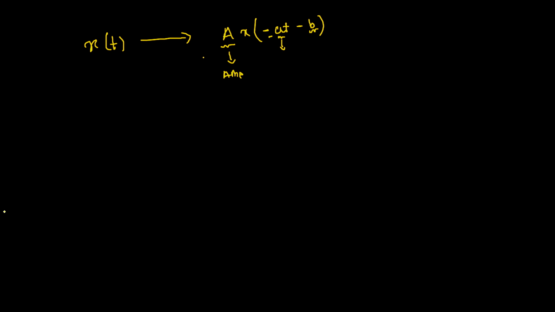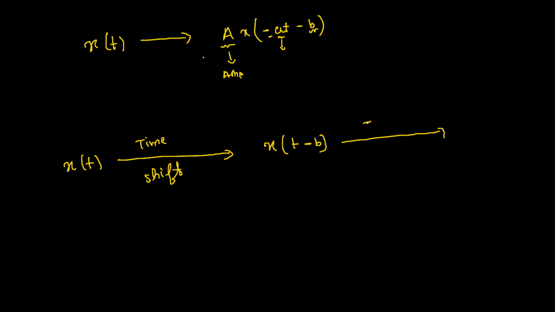The first thing that we do is time shifting. So we time shift x of t to x of t minus b. And then the next thing we do is time scaling.